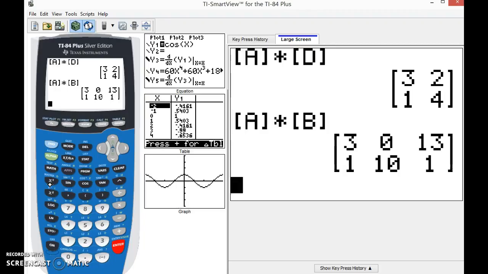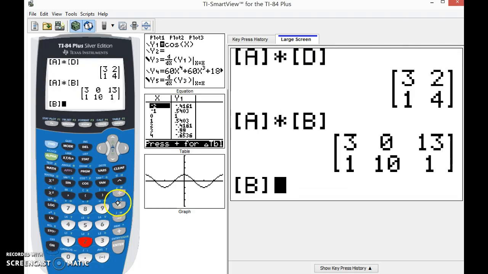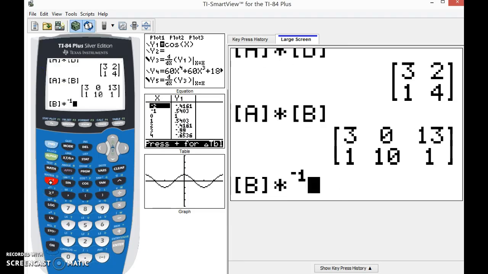Is A times B the same thing as B times A? Because the next thing it says is multiply B times A. Shouldn't it just be the same answer? No. A plus B is the same thing as B plus A. A times B is not the same thing as B times A. So if I try to do matrix B times matrix A, nope, not that.